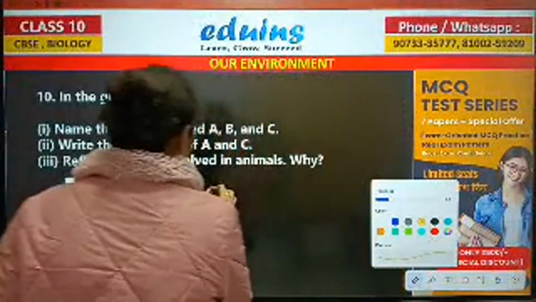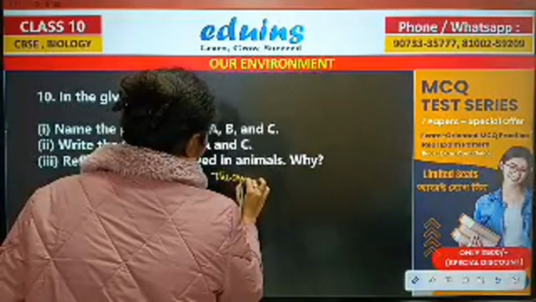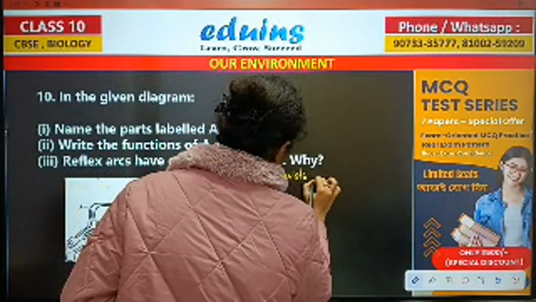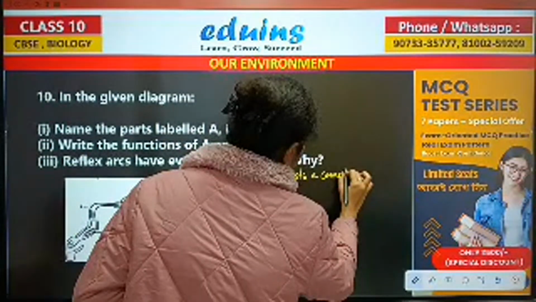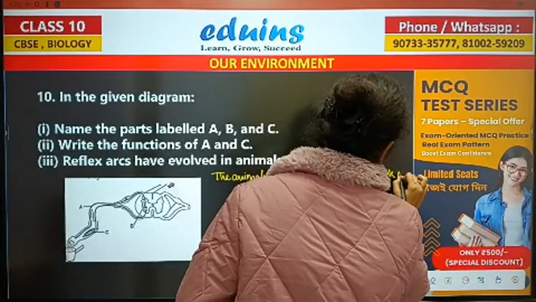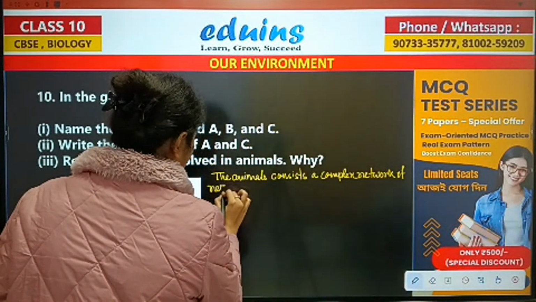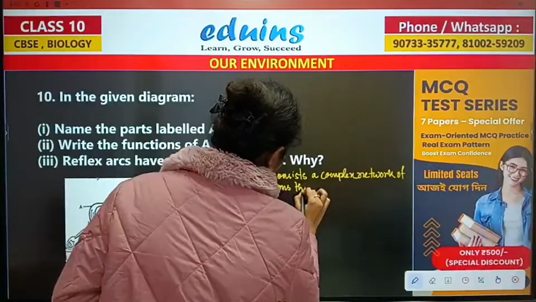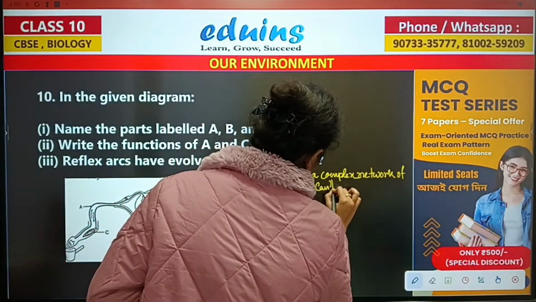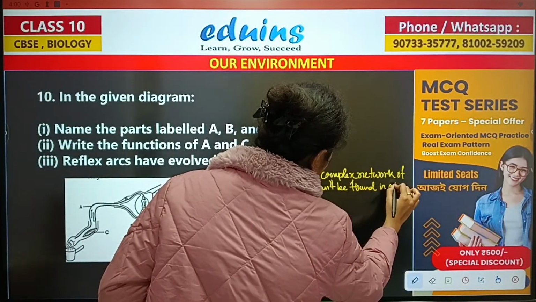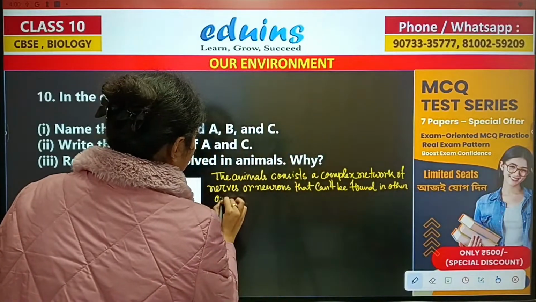So what will be the correct answer? The animals consist of a complex network of nerves or neurons that can't be found in other organisms.